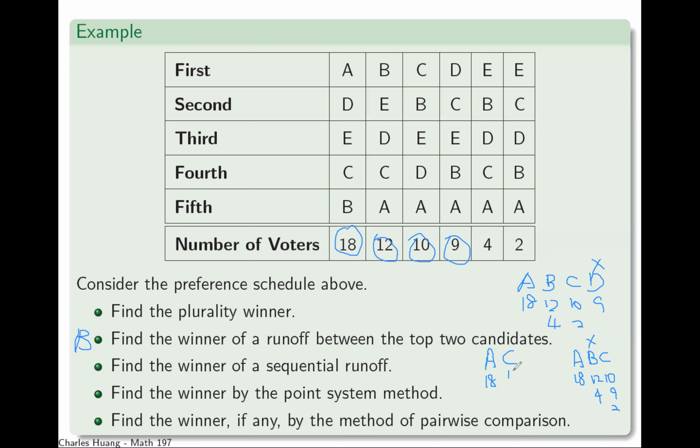So you notice 12 people will vote for C, 10 people will vote for C, 9 will vote for C, 4 and 2. And in this case, C is the winner for sequential runoff. You'll notice in sequential runoff, there are a little bit more steps, as we had to do the voting in multiple rounds.